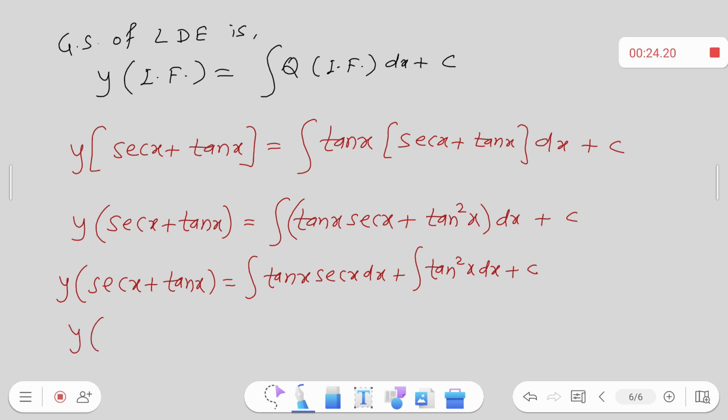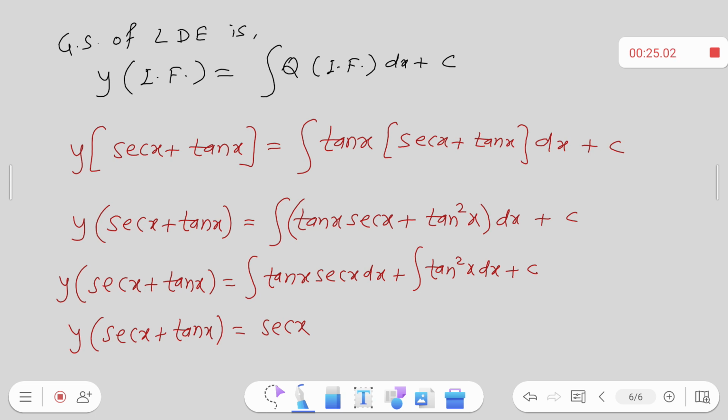So y into sec x plus tan x is equal to the integration of tan x into sec x, which is only sec x, plus the integration of tan square x. When you find the integration of tan square, you may use the relation between tan and sec.